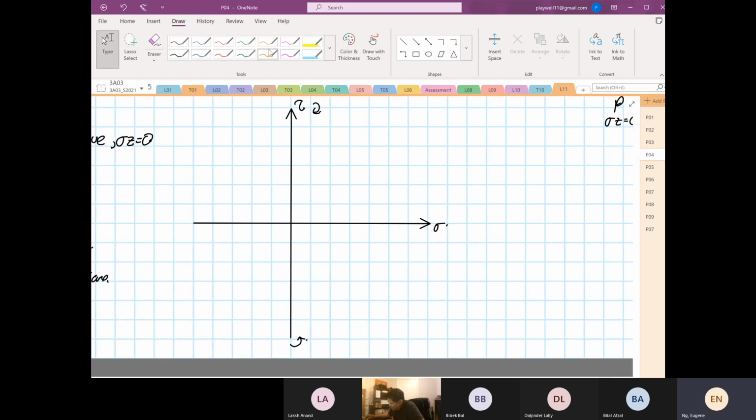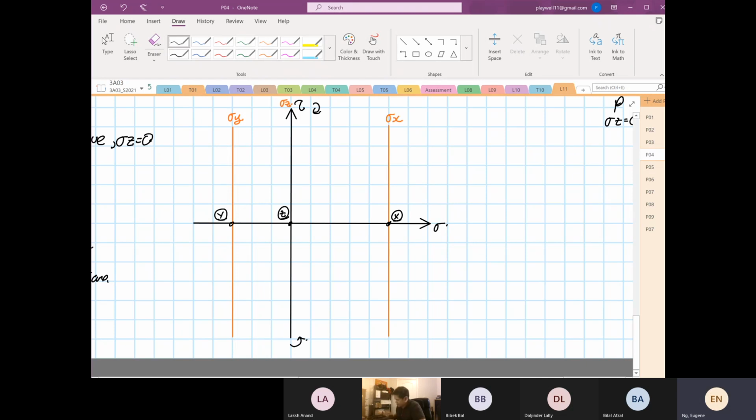Then we have stress X is positive, stress Z is 0, then we have stress Y in compression. Because they have 0 shear, this is our point X, this is our point Z, and this is our point Y.